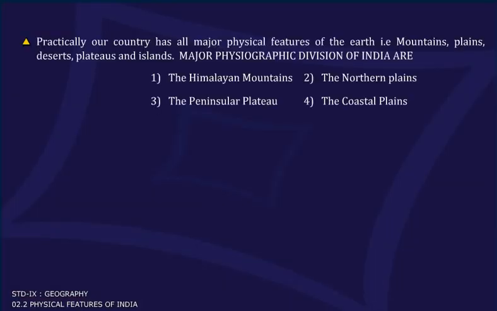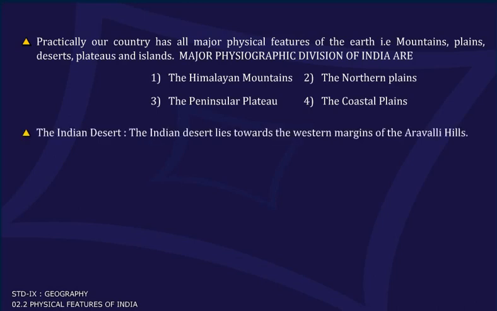Summary. Practically, our country has all major physical features of Earth, that is, mountains, plains, deserts, plateaus, and islands. The major physiographic divisions of India are the Himalayan mountains, the northern plains, the peninsular plateau, the coastal plains, and the Indian desert.